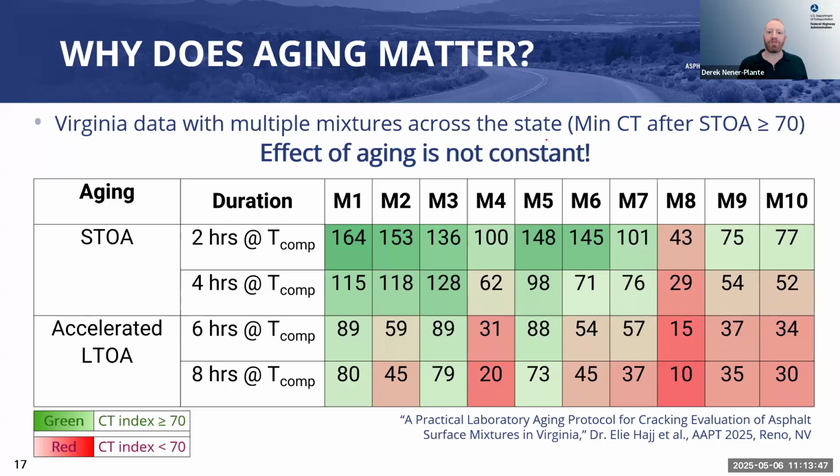That's where we've talked about the importance of including plant-produced mixtures somewhere in your mix design process, because that's the true product, right? That's what's really going out on the road. So consider those differences. The one other thing I'll give with field cores is that they add a whole level of complexity, right?